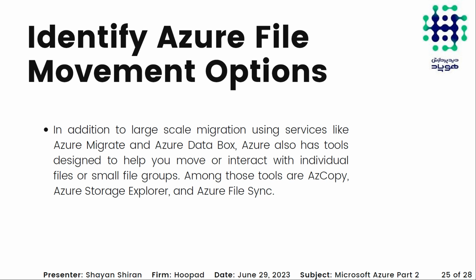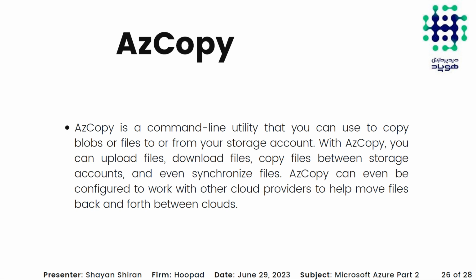And the options are AzCopy, Storage Explorer, and Azure File Sync. The first one is AzCopy, which is a command line utility that you can use to copy blobs or files to or from your storage account. With AzCopy, you can upload files and download files, copy files between storage accounts, and even synchronize files.